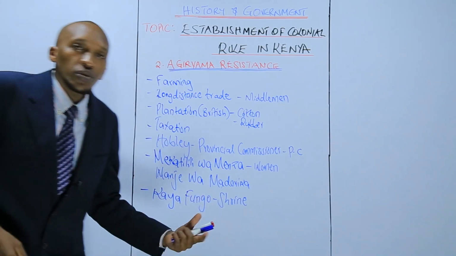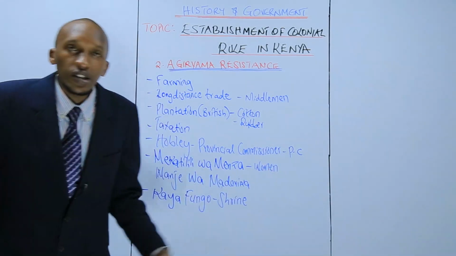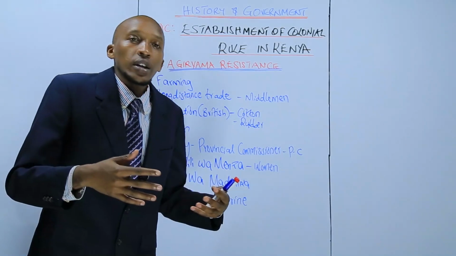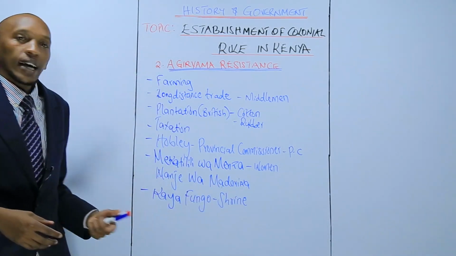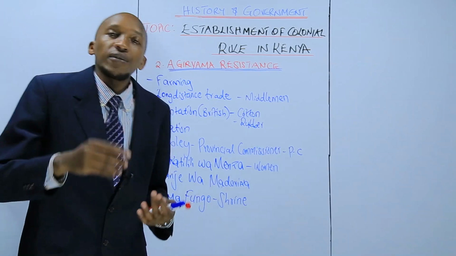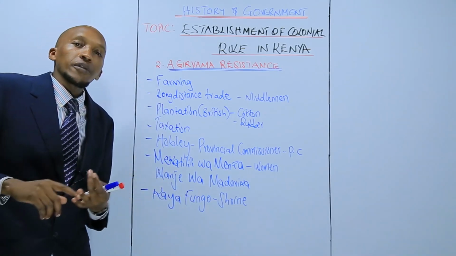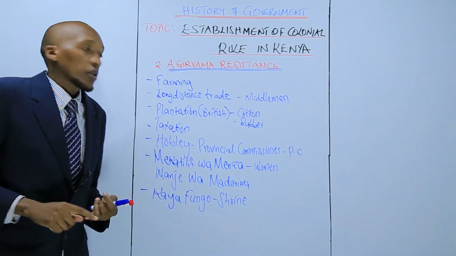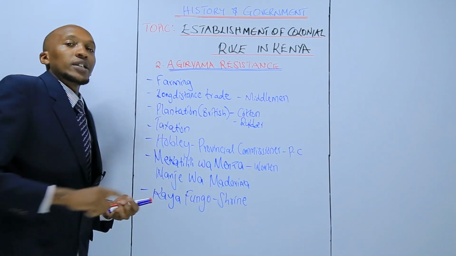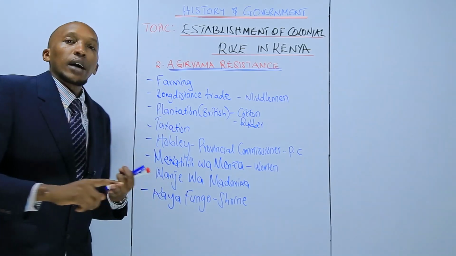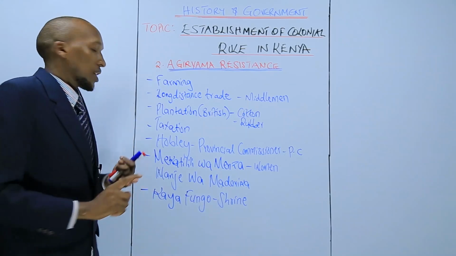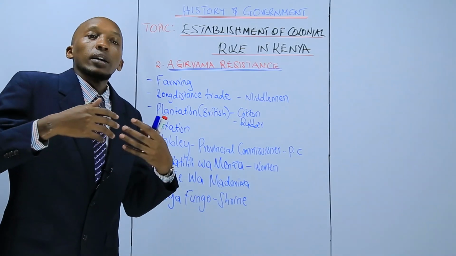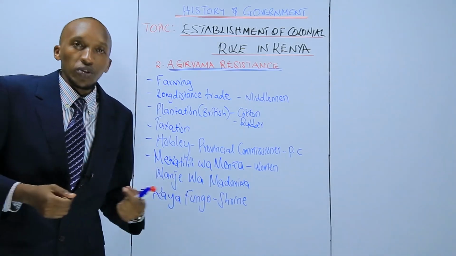When they came to the shrine, the different clans raised their grievances to these leaders, and they discovered that they had the same problems. They were being evicted from their lands to pave way for the plantations, and they were being forced to work in those plantations. Another grievance was the tax that had been imposed on them.